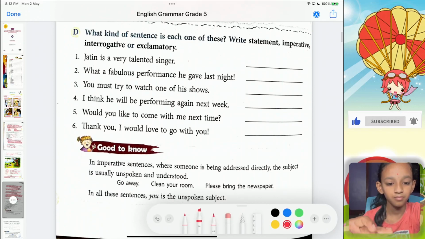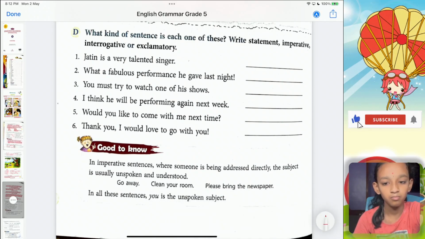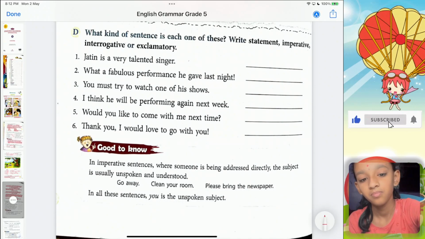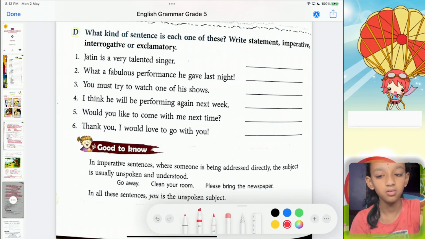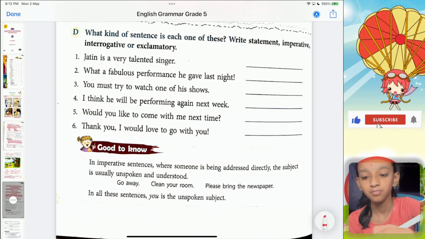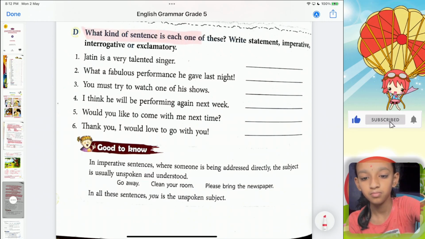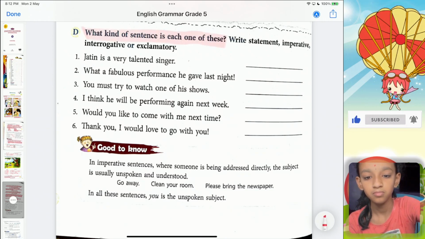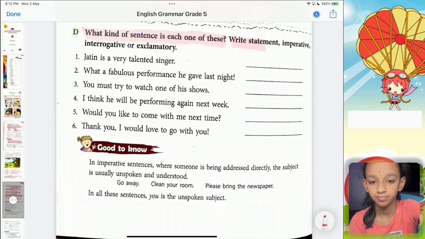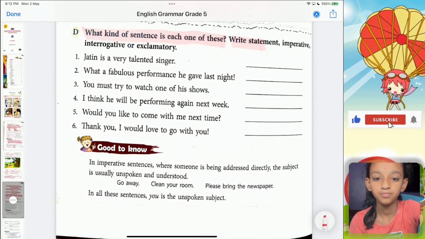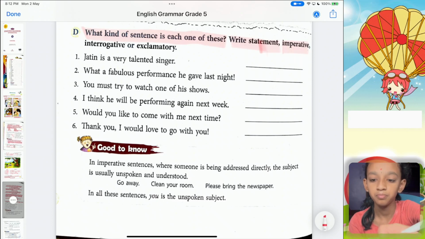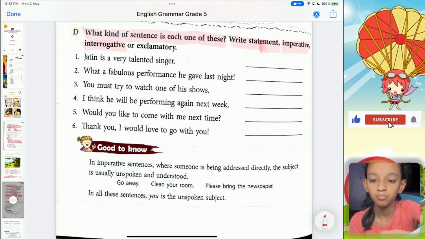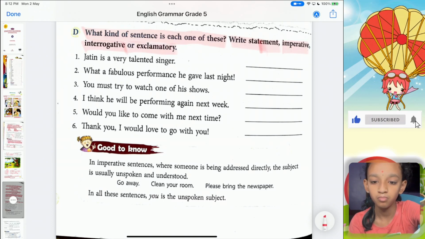Now you have to find out, I think you better select the highlighter. What kind of sentence is each one of these? You have to look at these sentences and write whether they are statement, imperative sentence, interrogative, or exclamatory sentence.